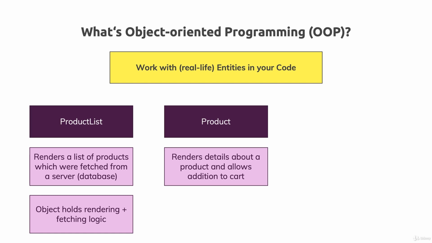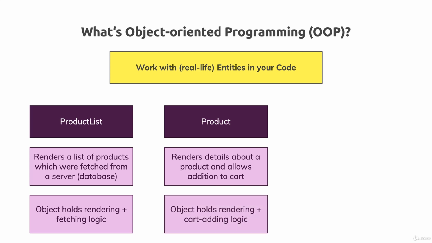maybe allow us to add it to a cart, things like that. So when we want to draw a user interface to the screen, and we want to manage that through JavaScript and therefore through TypeScript, then we could implement this with a product list and a product object, which holds the logic for managing the underlying data, but also for rendering the content on the screen. And of course, therefore, these two objects would kind of be related.